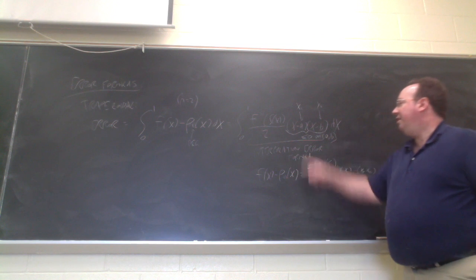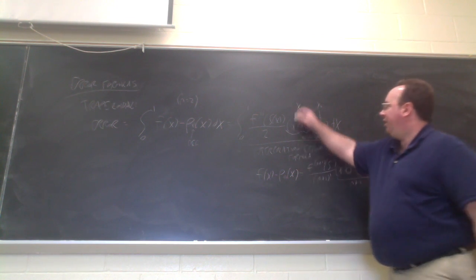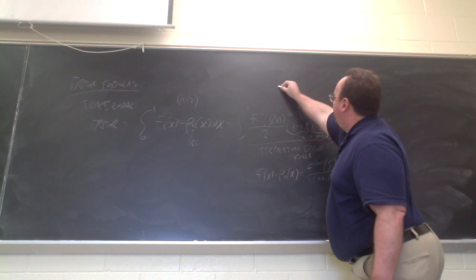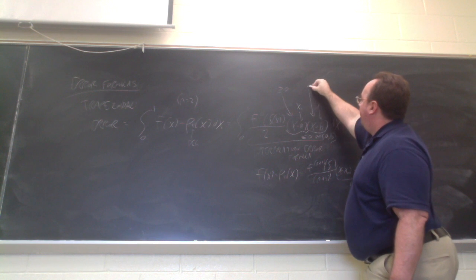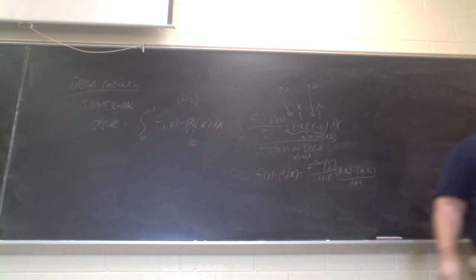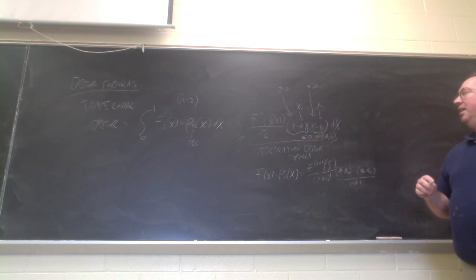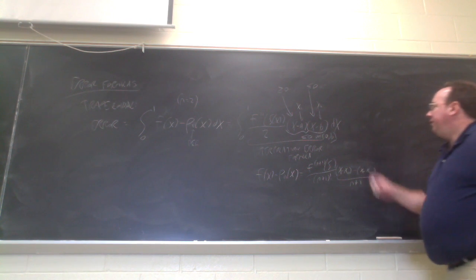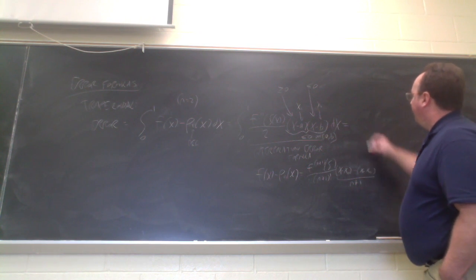Because if x is between a and b, this factor is always greater than or equal to 0, and this factor is always less than or equal to 0. So when you have a factor like that which does not change sign, you can use the weighted mean value theorem for integrals.